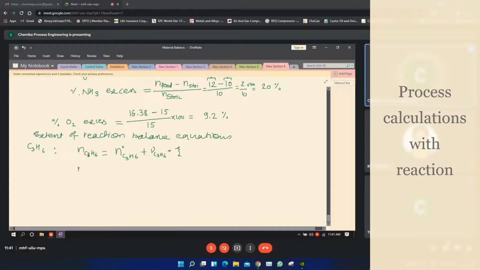So we do not know the exit flow rate of propylene. We know the feed flow rate of the propylene. So how much is it? 10 moles per hour, right? Plus, what is the stoichiometric coefficient of propylene? It is minus 1.